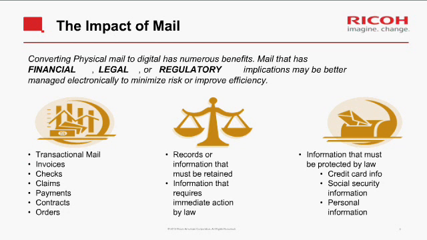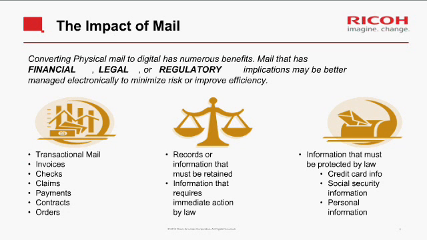The other things that a lot of customers are focused on are mail pieces that have legal implications, records or information that must be retained, information that requires immediate action by law. Those are things that obviously, if there are any delays in the delivery of this type of mail, there are some risks associated with that.